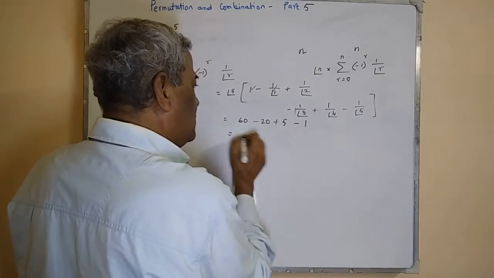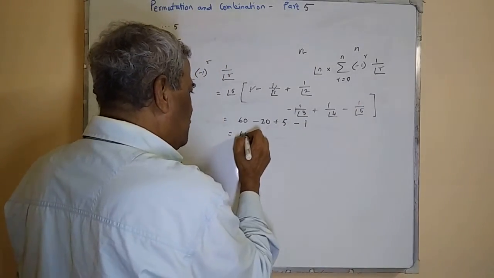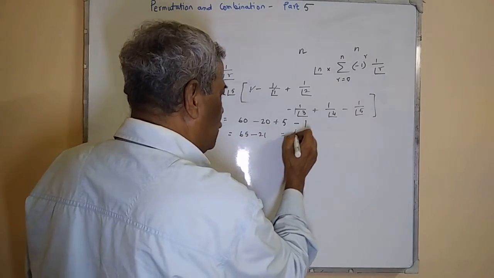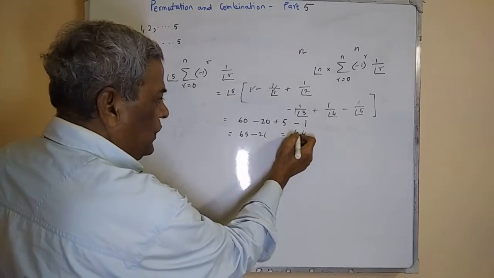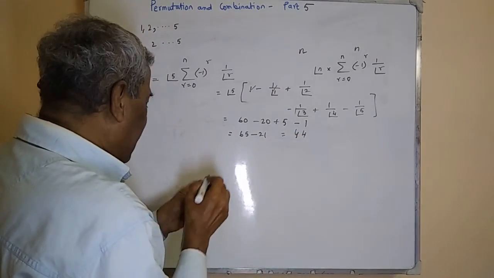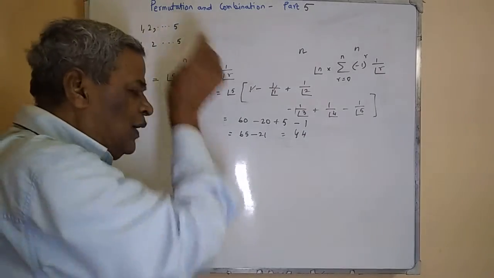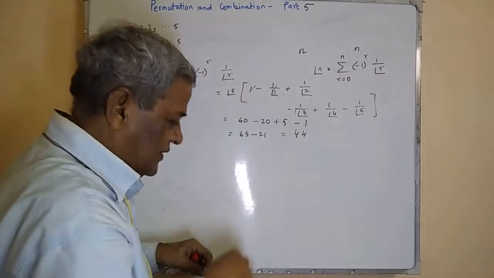So it is equal to 65 minus 21, it is 44. So 44 different ways we can arrange so that no object goes to its own destination. 44 is the answer.